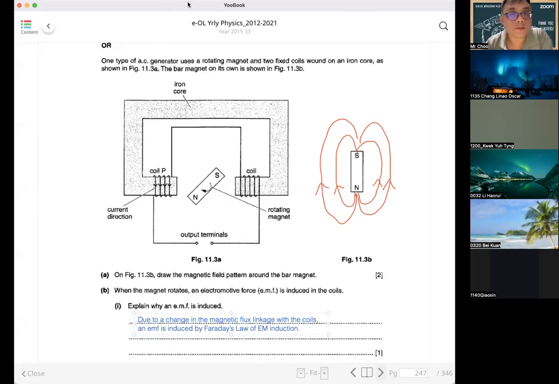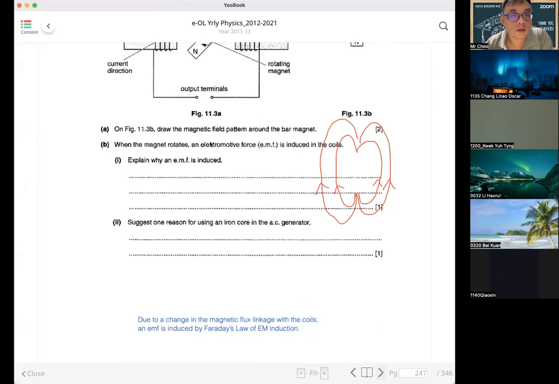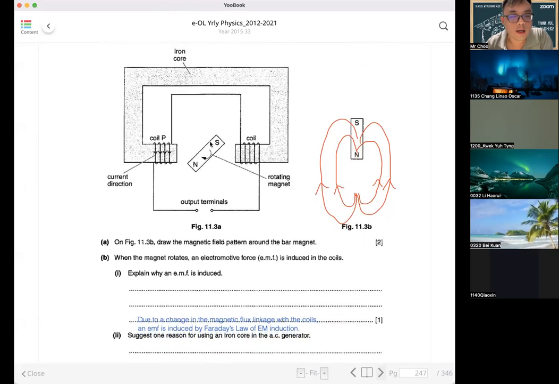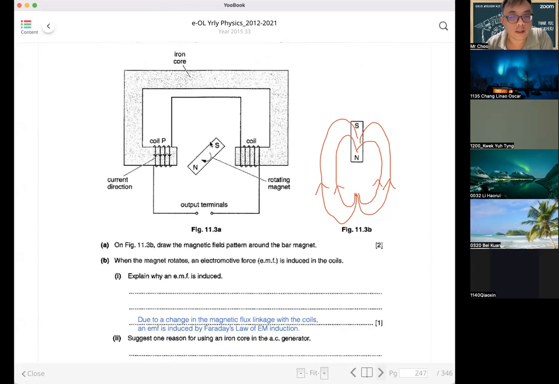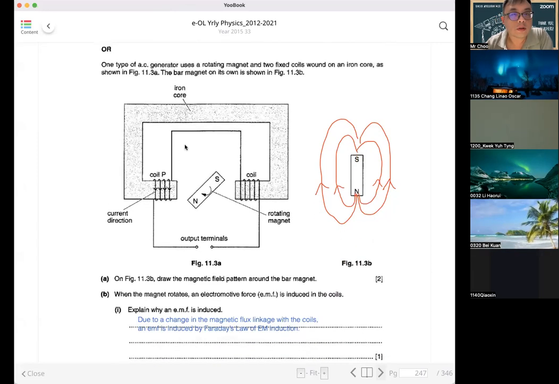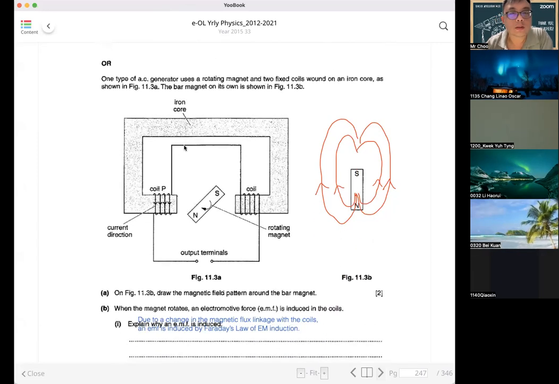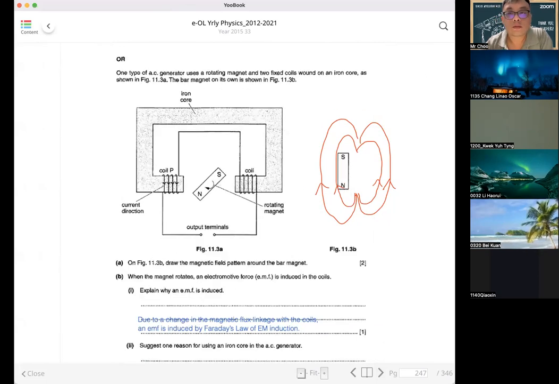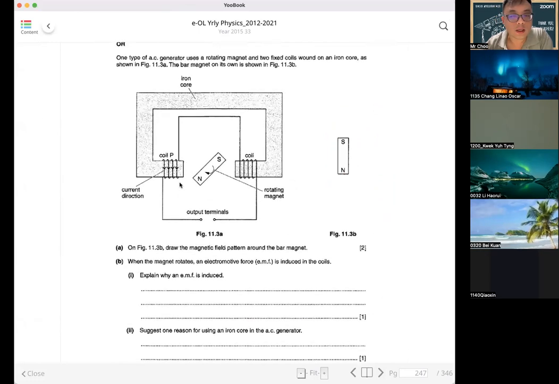Okay, let's continue. Suggest one reason for using an iron core in the AC generator. Okay, why do we use an iron core in this AC generator? You don't need an iron core, ma. So why do we put the iron core here?